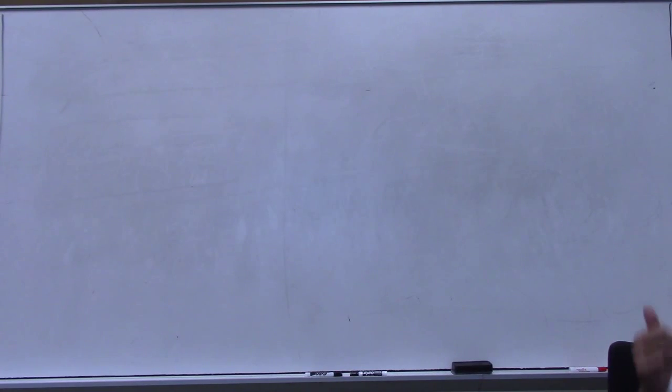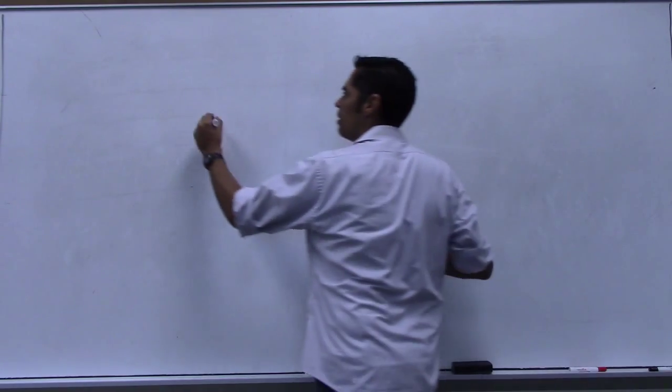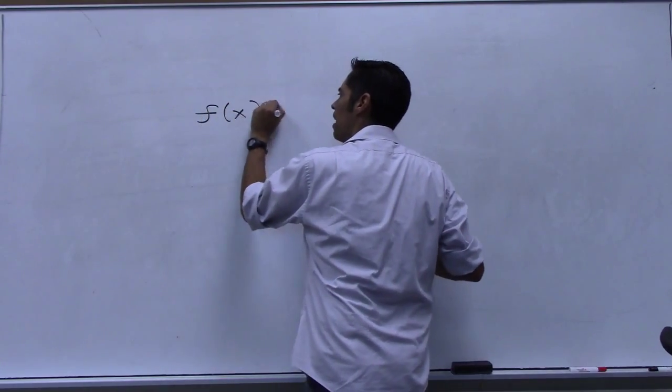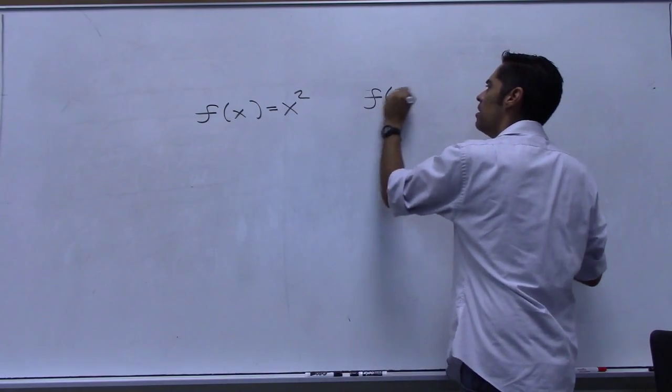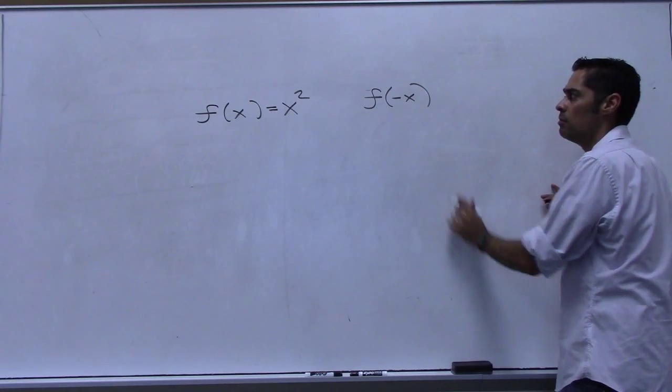I remember talking to you about this before. I said, you know, if you plug a negative value into a function, does it actually change the function? And the example I think I gave you was something like this. If f of x equals x squared, what happens if I plug negative x into this function?